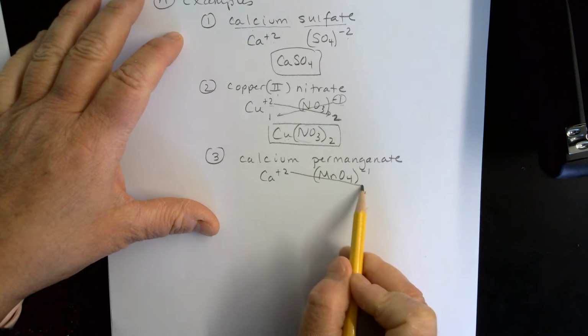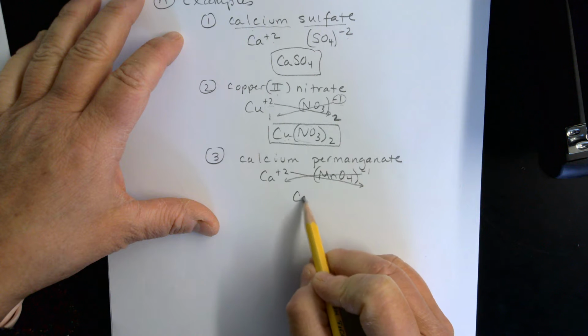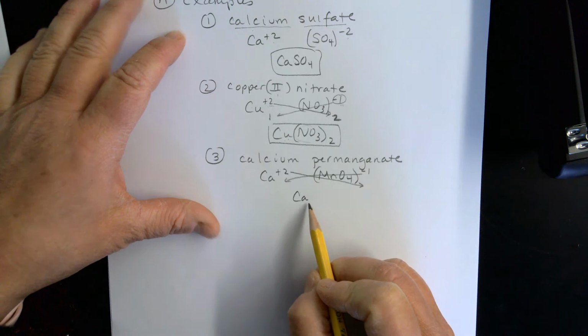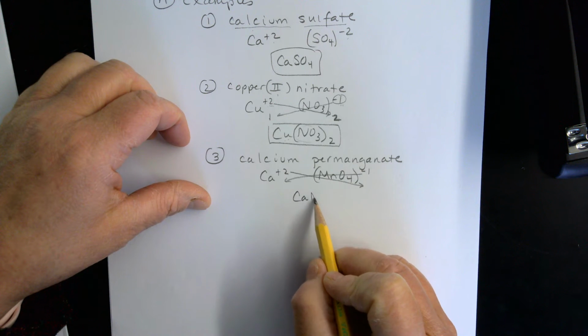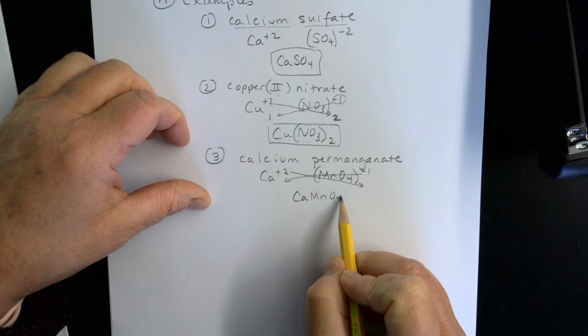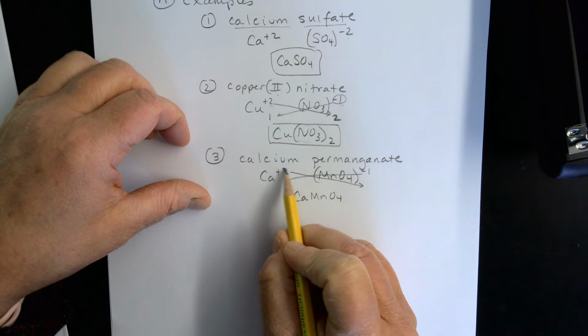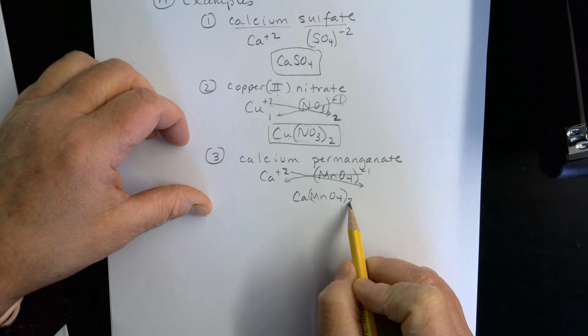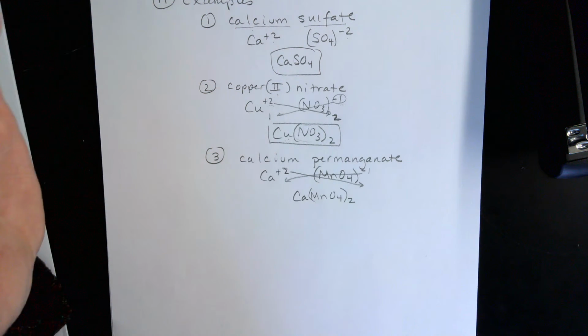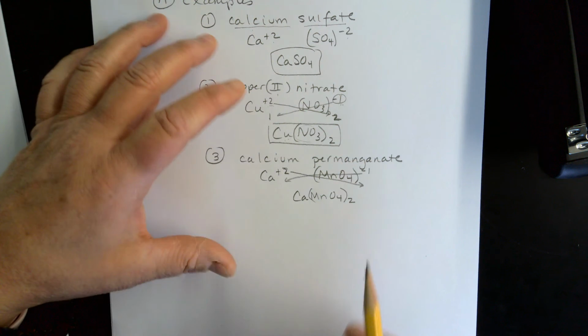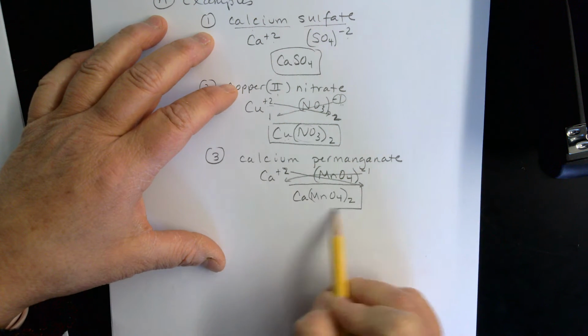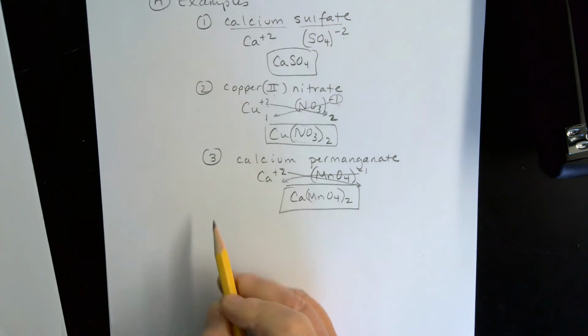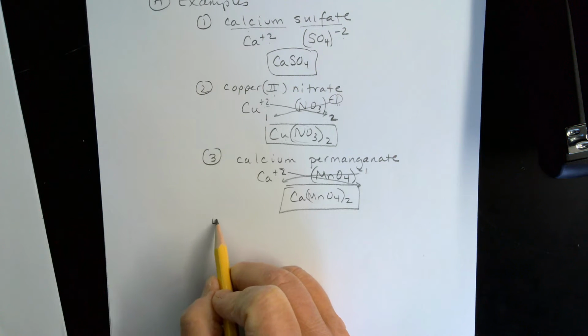Again with the crisscrossing, calcium has a subscript of 1, which I'm not going to write. Right next to it, I write MnO4, but this 2 now becomes our subscript. We have to keep those parentheses because we need 2 of the whole MnO4 group to match up. So that's our formula for calcium permanganate.